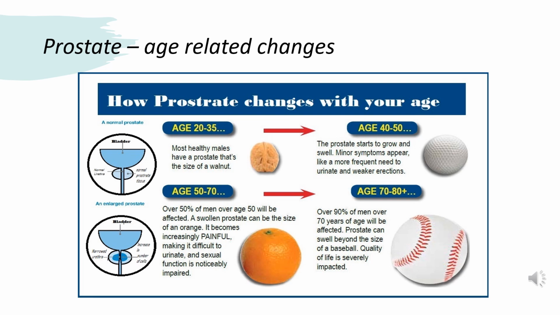From the fifth decade, that is after 50 years of age, some degree of prostatic hypertrophy is invariably present. So it is considered as a sign of aging, just like the graying of your hair. So the major age-related changes to the prostate gland occur at puberty and after the fifth decade of life.